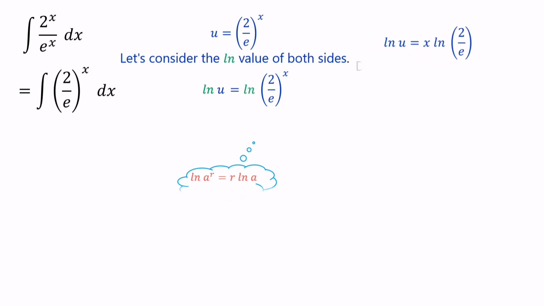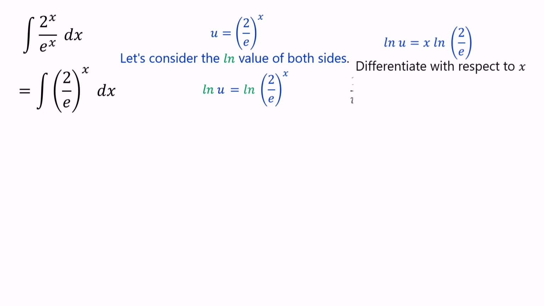Then differentiation with respect to x. Differentiation of ln u we can write as 1 over u times du over dx, equals, on the right hand side, x times the differentiation of ln (2 over e). Since ln (2 over e) is a constant, its differentiation equals 0, plus ln (2 over e) times the differentiation of x, which is equal to 1.